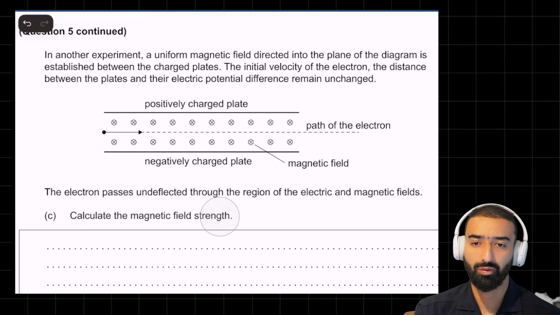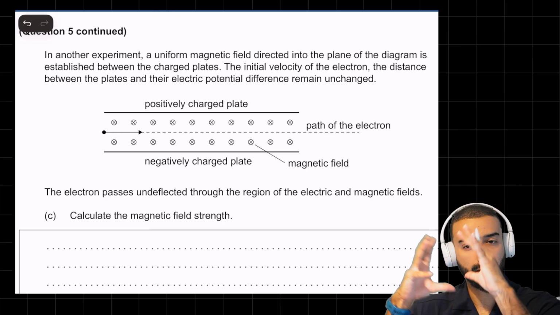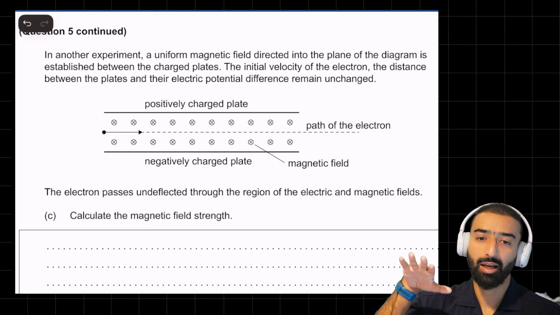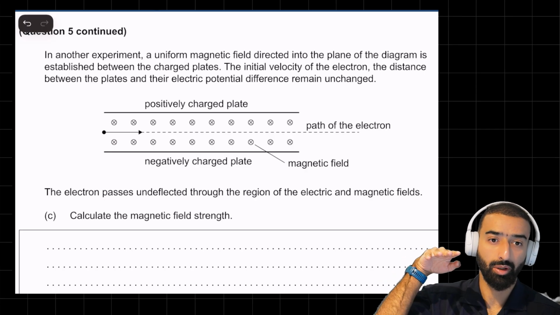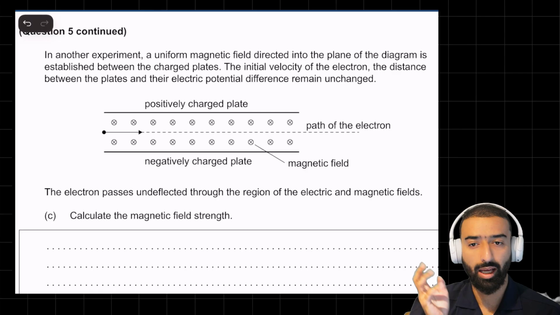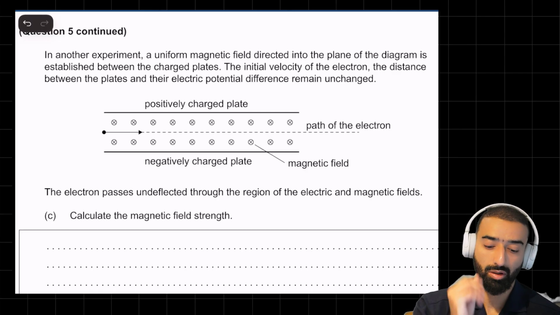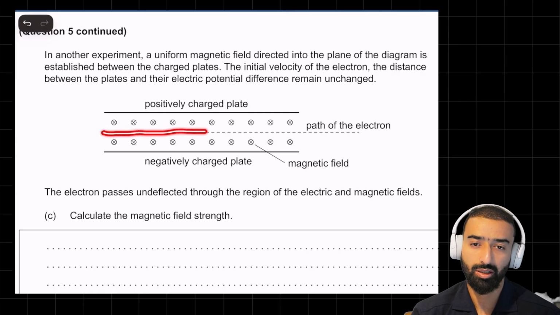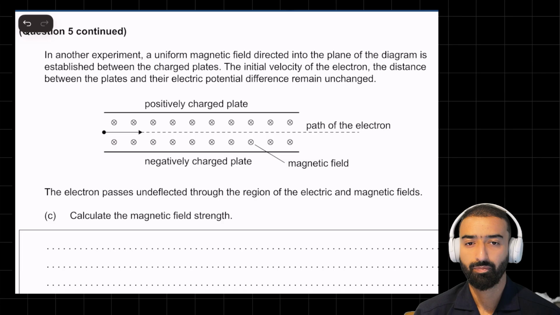Calculate the magnetic field strength. So what's going on here is we have the same setup, but this time we have a magnetic field that's pointing into the plane, that's going into the screen. What happens then? Well, you shoot the electron with the same horizontal speed, but it moves undeflected. It goes right through the two plates.